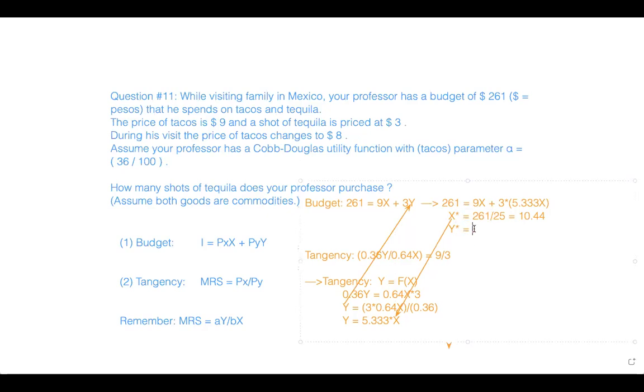So it's just going to be the 5.333 times 10.44. And that's the value I get.